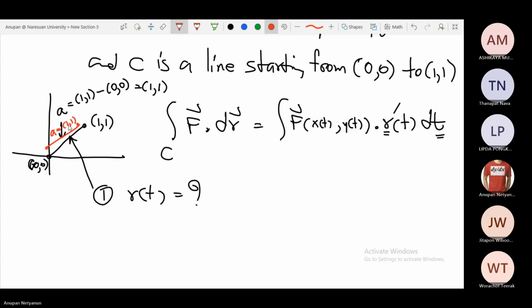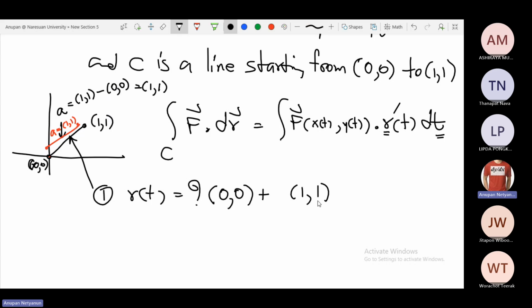Okay. Now, to get the line starting from this point and reaching this point, what I can do is start from this point, right? So I put the starting point here, okay? And then I add this vector to the beginning point, so 1, 1.